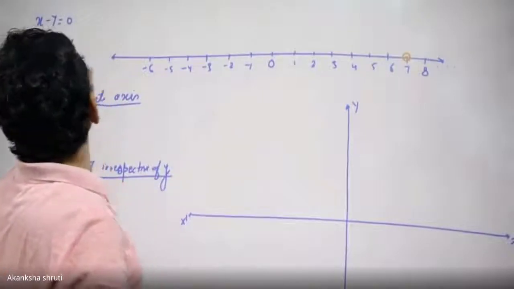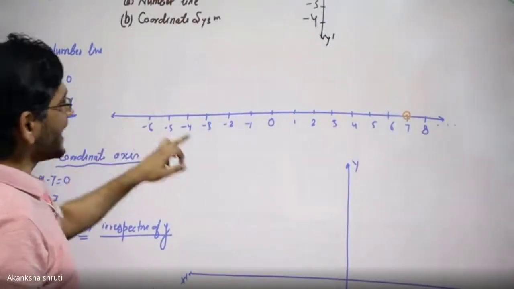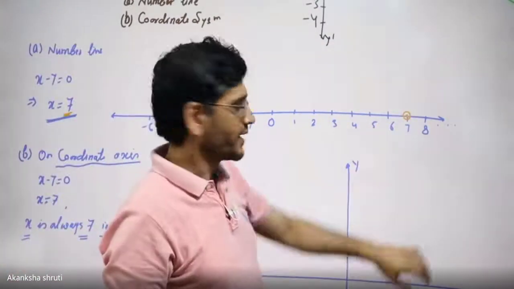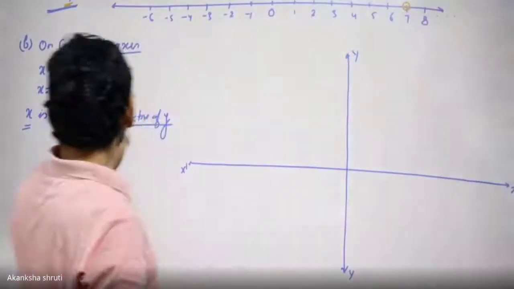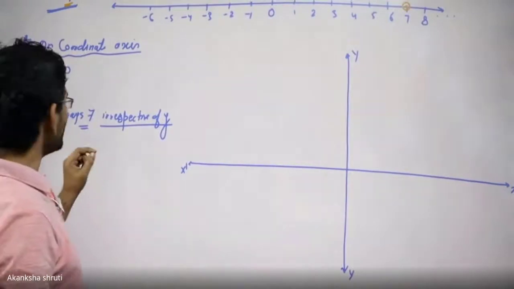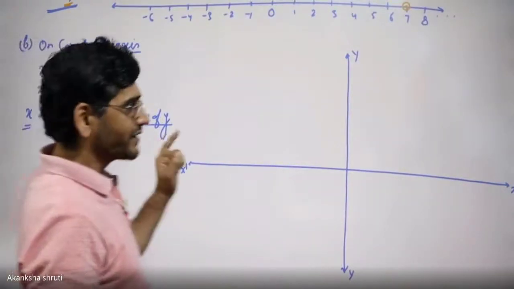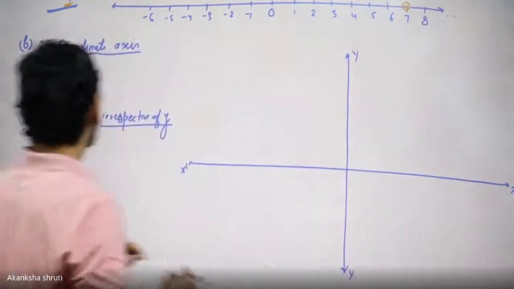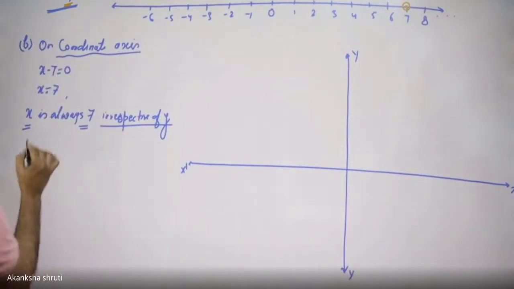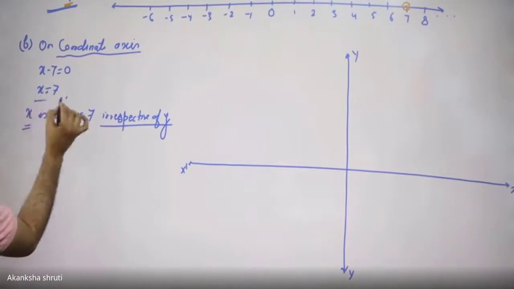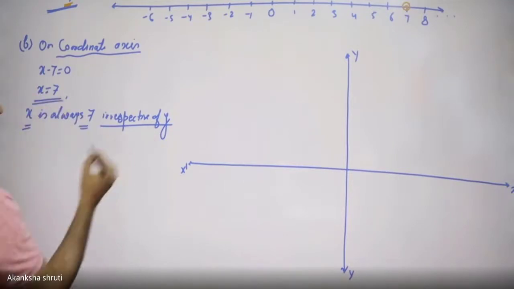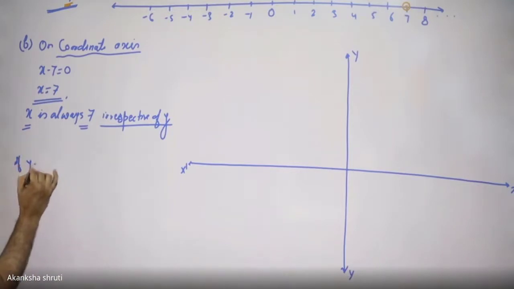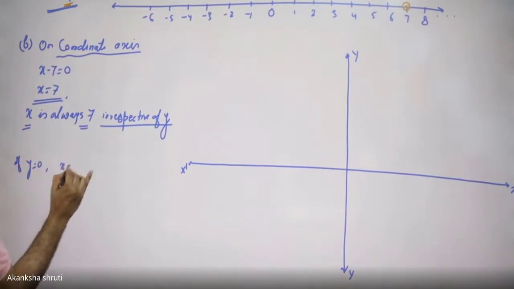But on the number line, plotting was simply one point. But this linear equation will represent a straight line in this plane. Here we are getting that x is always 7 irrespective of y. Even if we consider the y value 0, still x is 7.